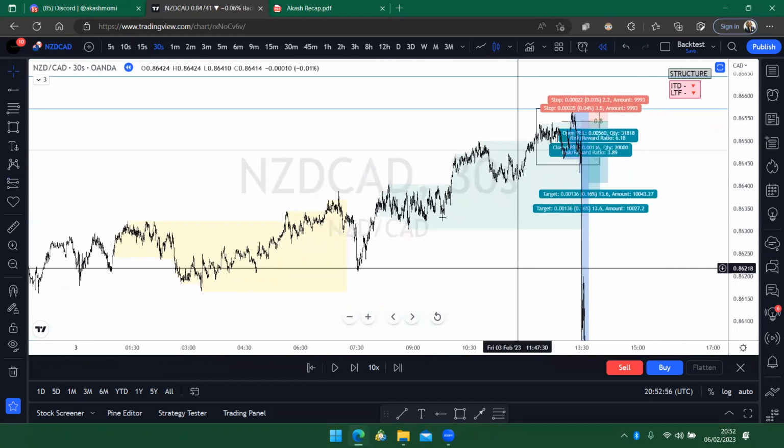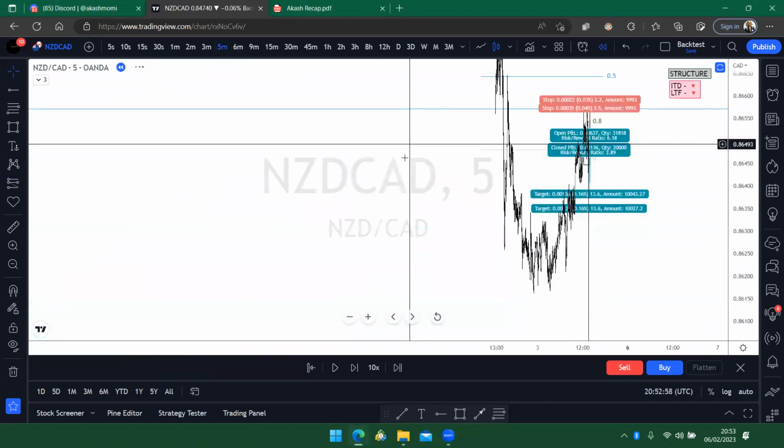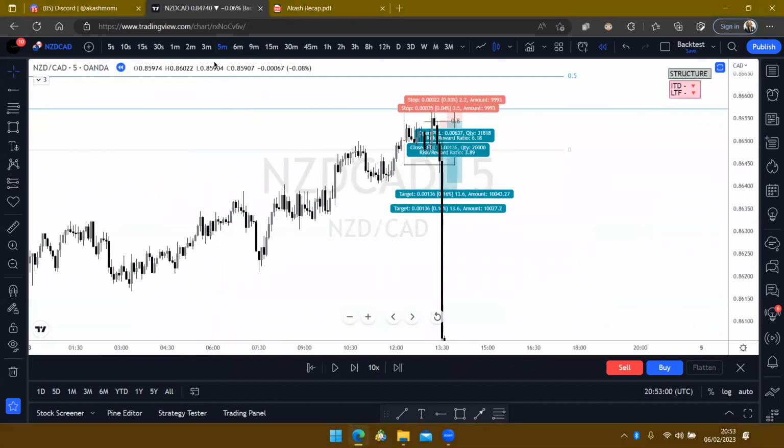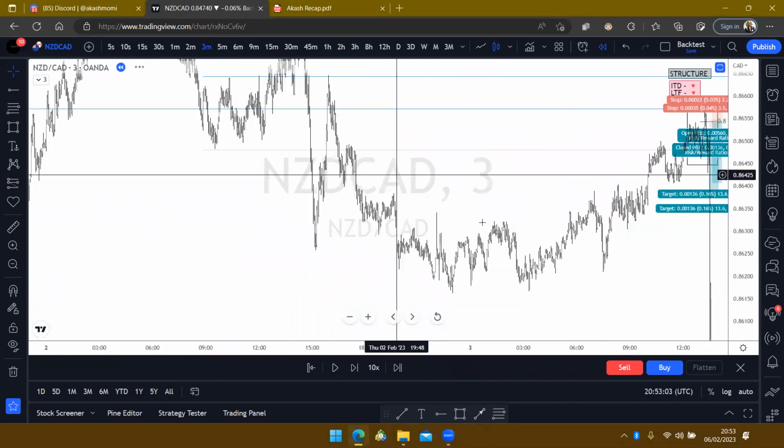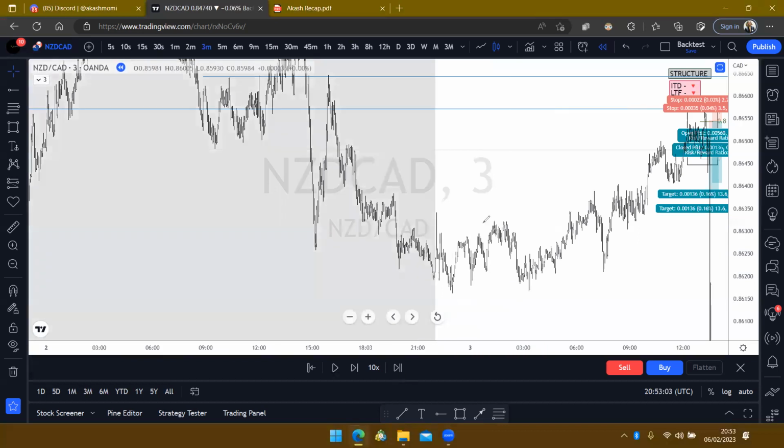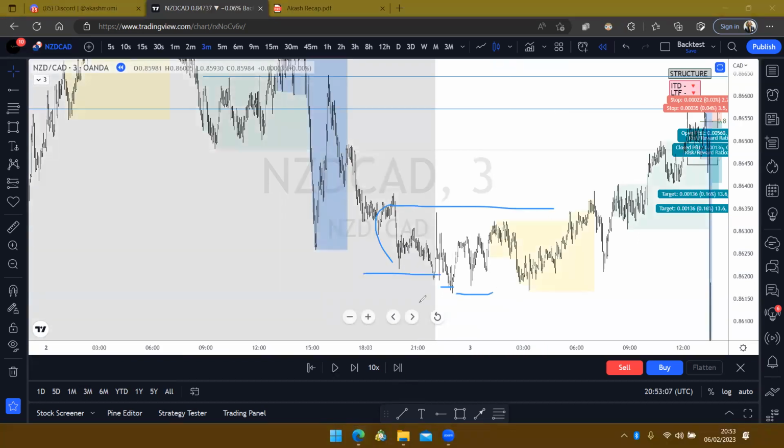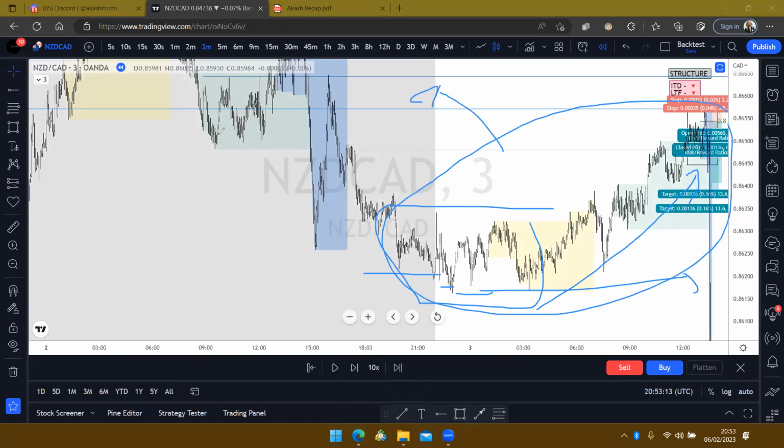And then you can see the clear accumulation, and then you can see the break, making this whole thing the redistribution inside that distro, inside that distro.